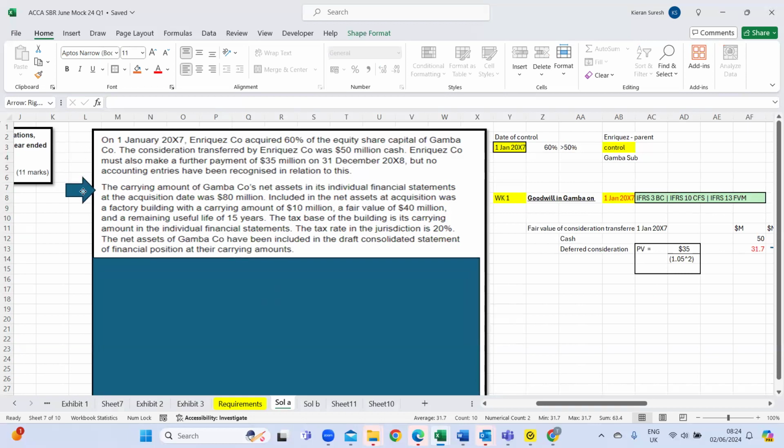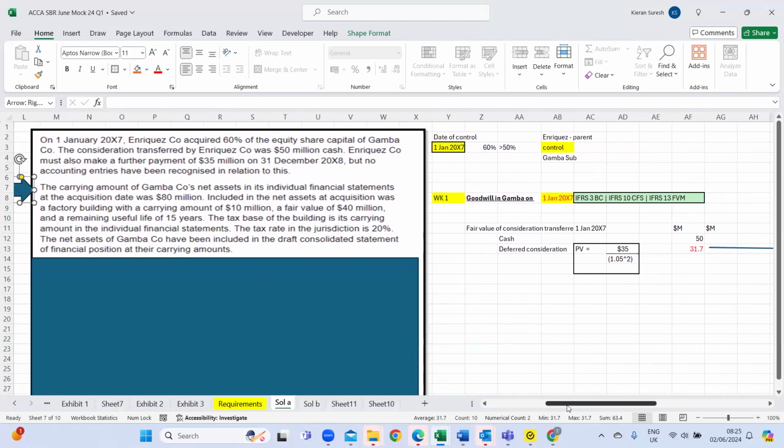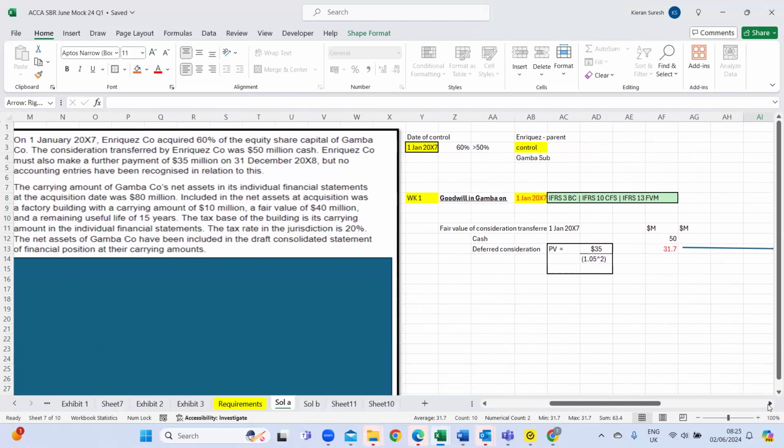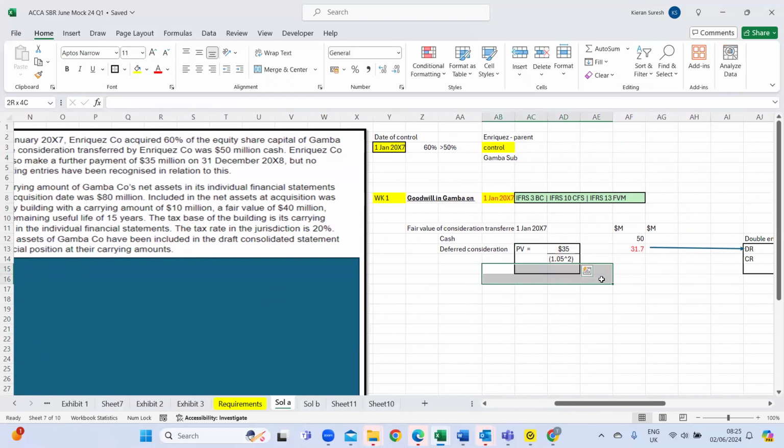Now they're talking about the carrying amount of the net assets in the individual financial statements. If you're going to do this working, and nothing else were discussed, we know the total money that we paid, right?